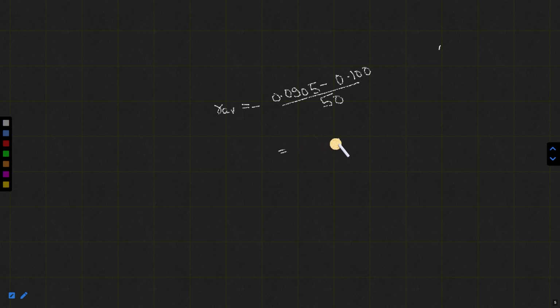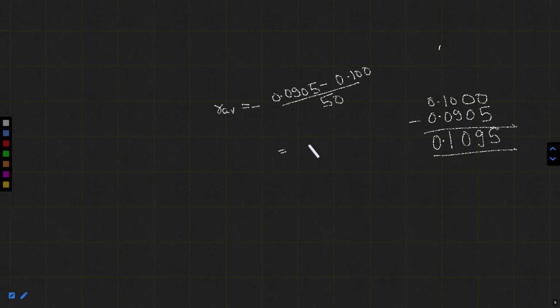Now if you divide by 50, so let me do it for you. It is 0.10 minus 0.0905. It will be 5, 9 minus 0, 9, and 9 minus 9, 0. So this is the value we got.